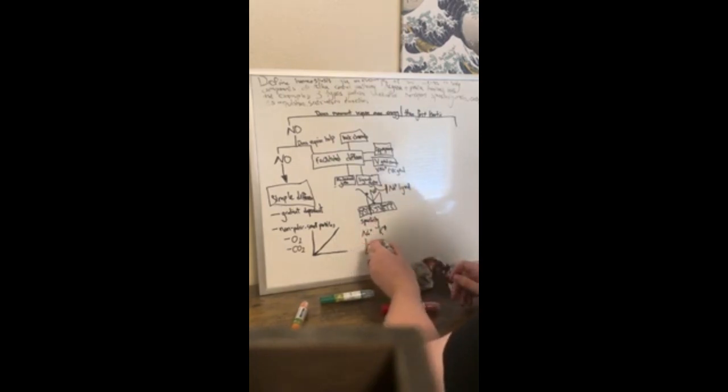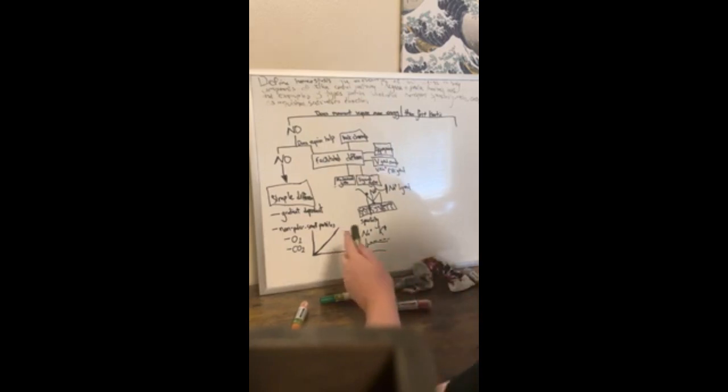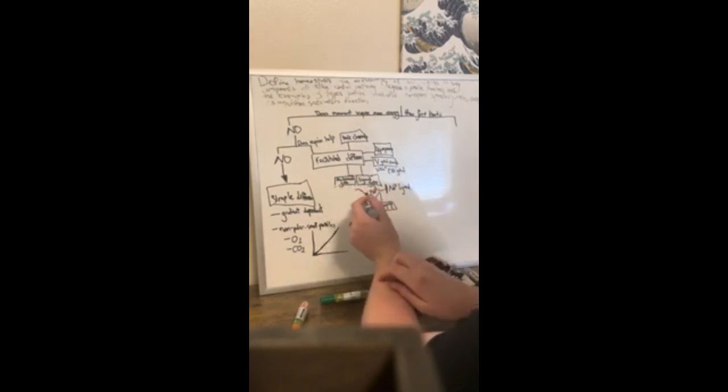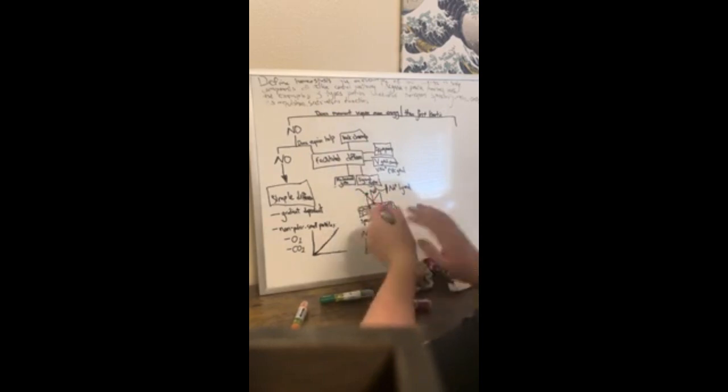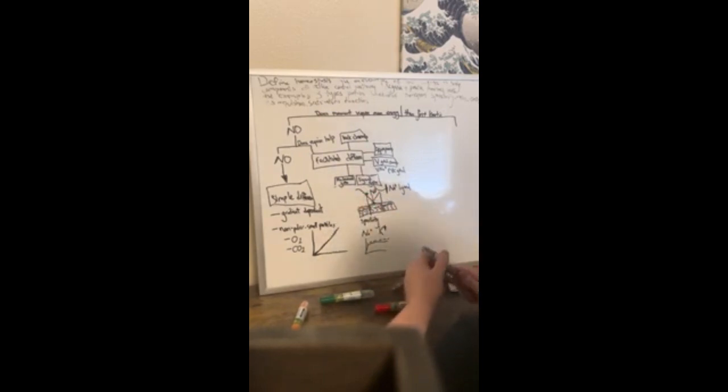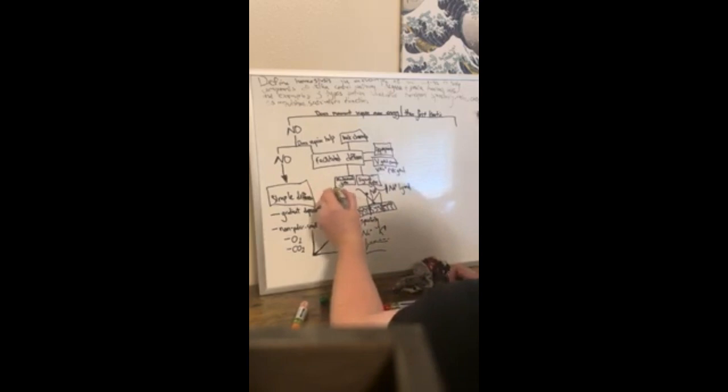I'll draw it right here, that little dotted line would represent the limit that occurs when all these channels would be past their capacity because they already have as many ions passing through as possible.